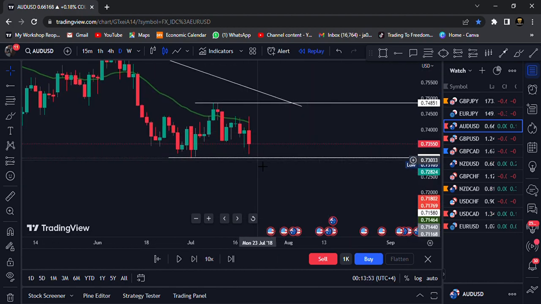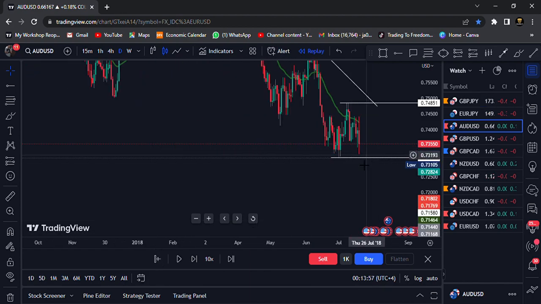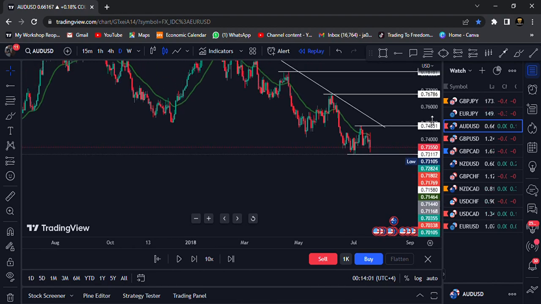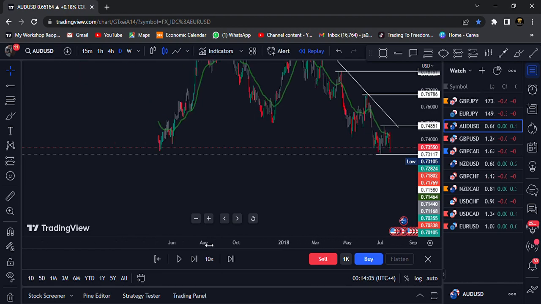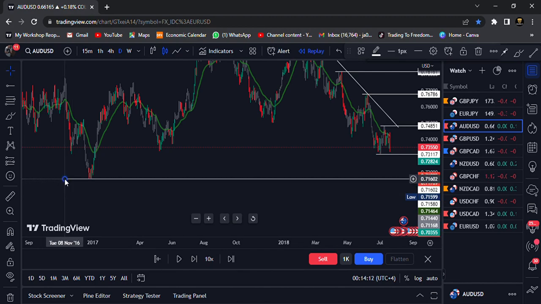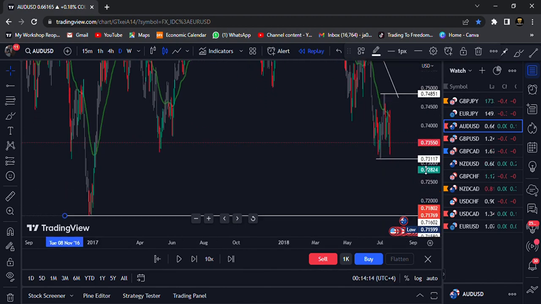So right now we can only sell below here. If price breaks this resistance and give us, if price breaks support and gives us a sell confirmation, then we will sell and take our profit here. It's just as simple as that, guys.